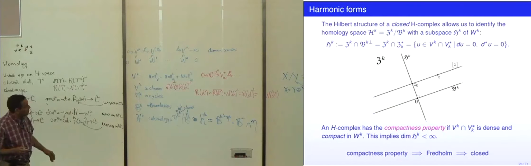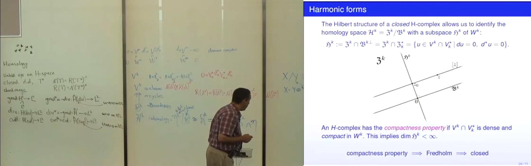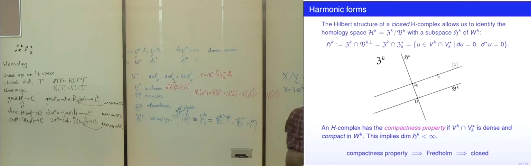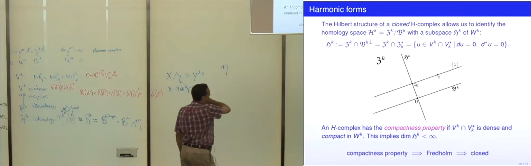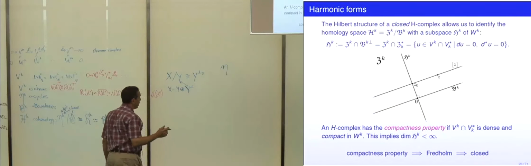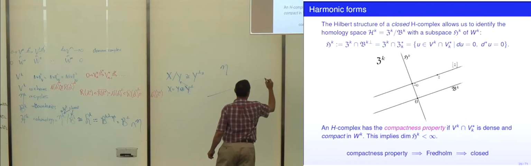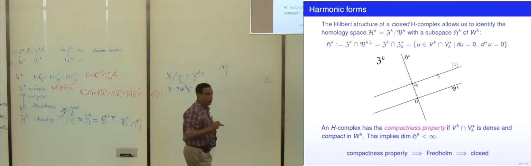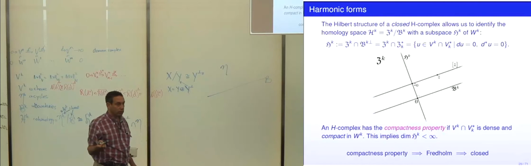Okay? So that's the usual story of orthogonal complements in a Hilbert space. Let's say the whiteboard is Z, all the cycles. It might well be an infinite dimensional space. And inside it, it has all the boundaries, which might be another infinite dimensional subspace, which we assume to be closed.